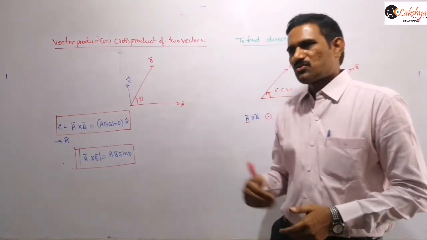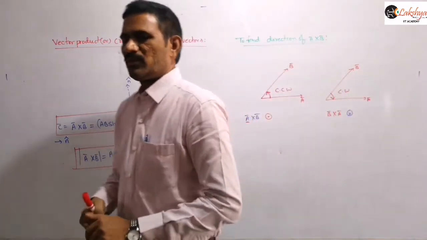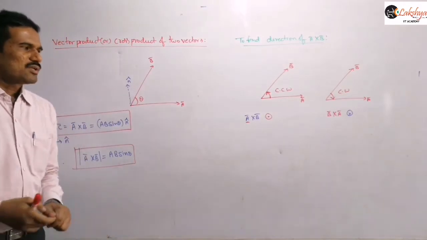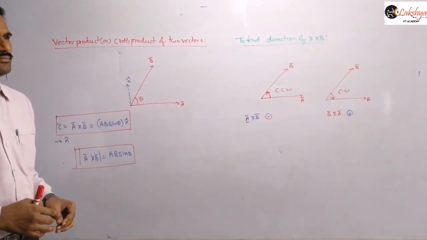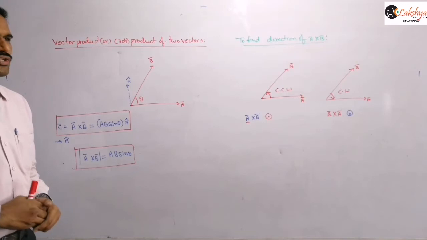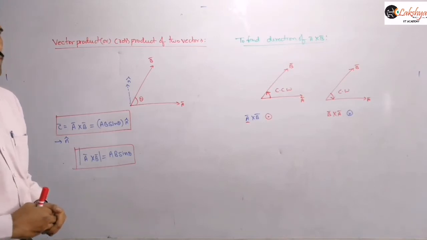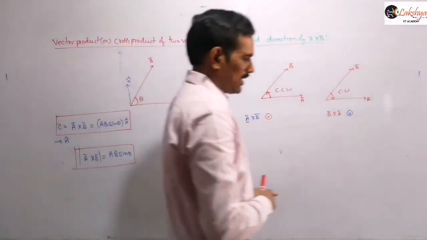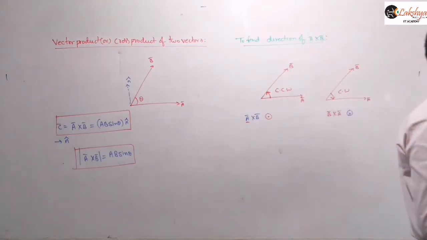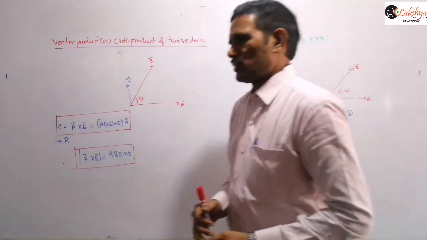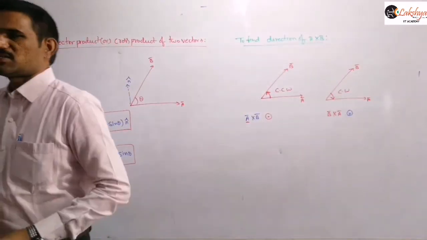After this conclusion, mention that, therefore, we can conclude that the directions of a bar cross b bar and b bar cross a bar are opposite to each other, but their magnitudes are the same.